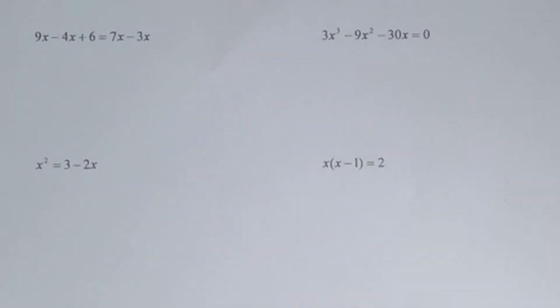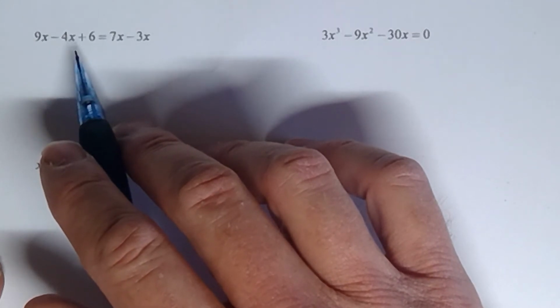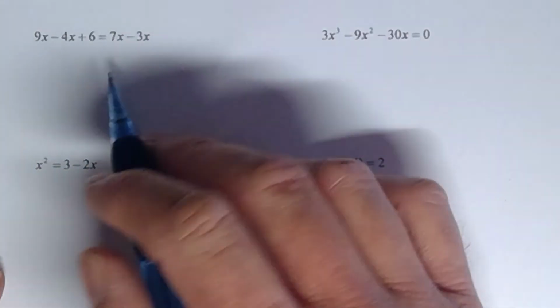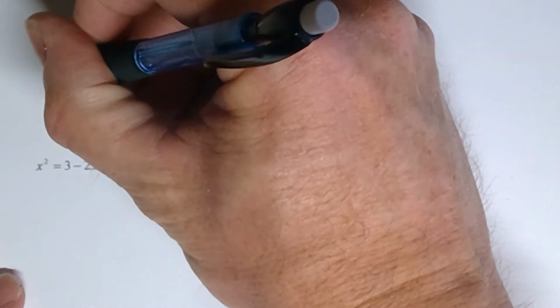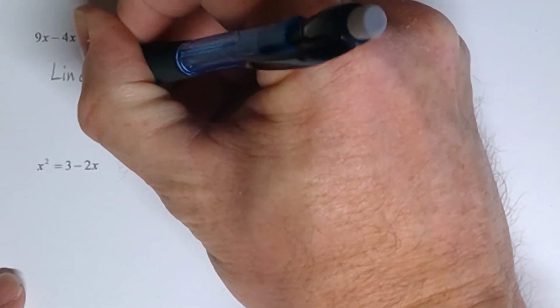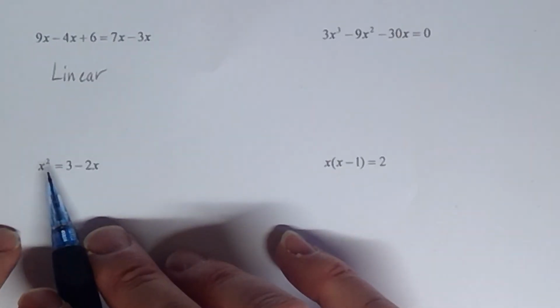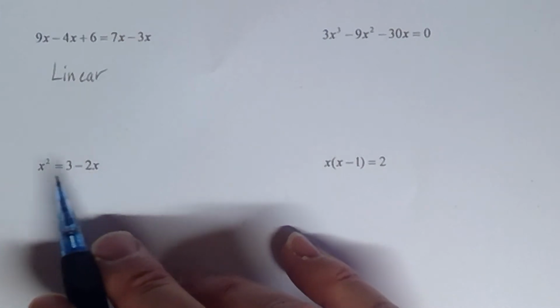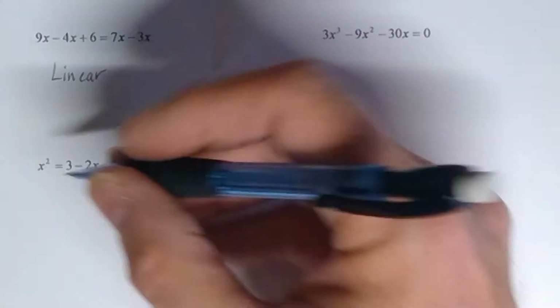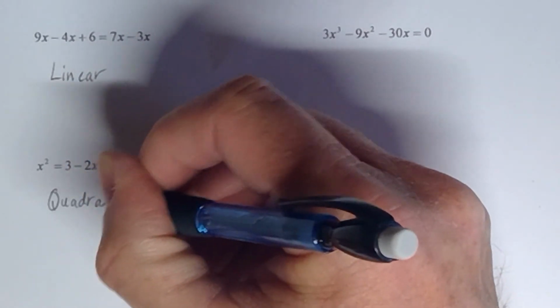Okay, so here's how it works. If the highest exponent attached to the variable is 1, assuming there's a polynomial on each side, which there is, as you can see, this is called a linear equation. When you have a polynomial on each side, like we do here, but the highest exponent attached to the variable is 2, that is called a quadratic equation.